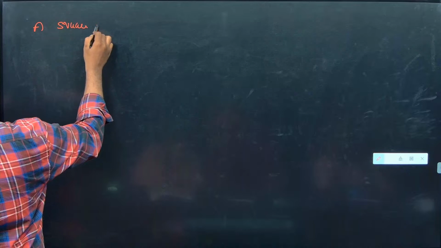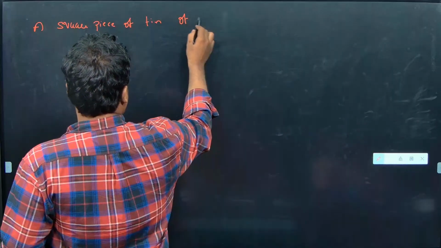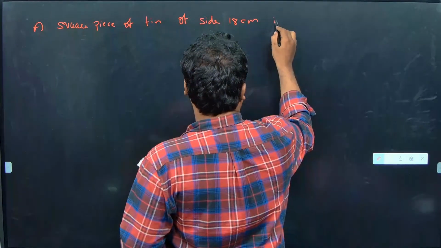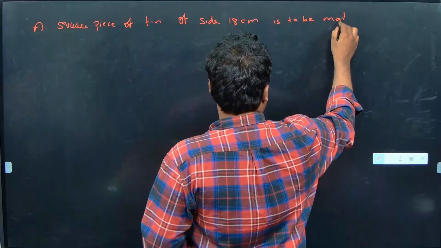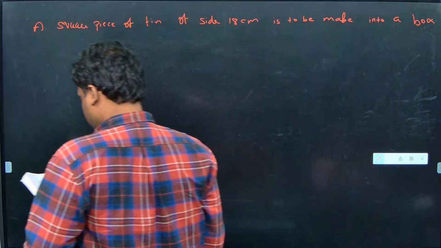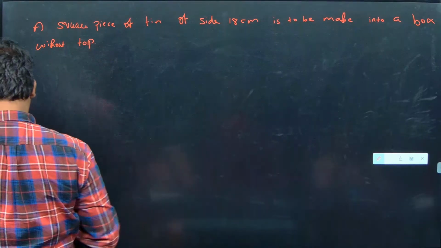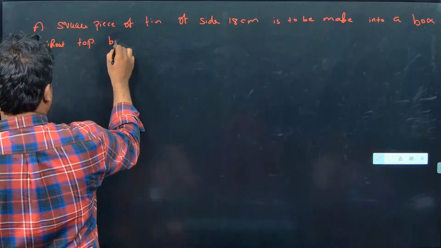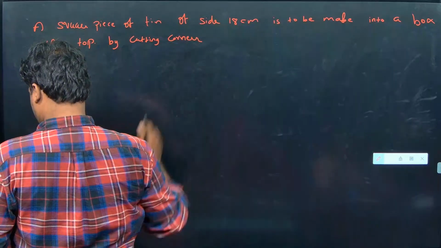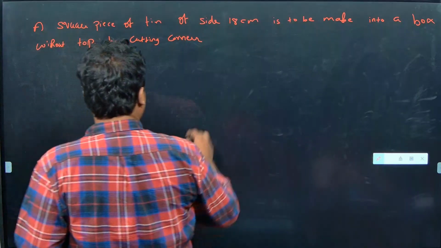A square piece of tin of side 18 centimeter is to be made into a box without top, by cutting the corners, okay. இதுக்கப்புறம் ஒன்றும் இல்லை. For maximum value.